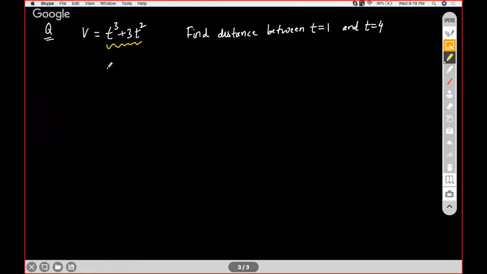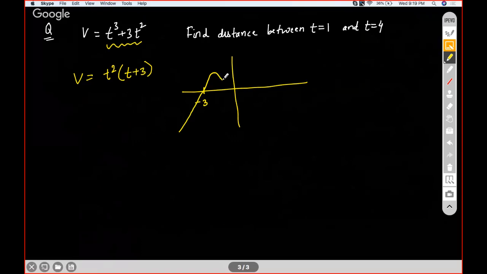Roughly speaking, if you factorize it like this, it will have zero points at -3 and 0. It will go up, come down at 0, and again go up.